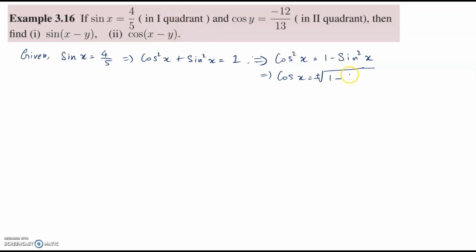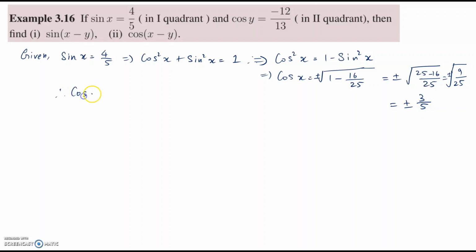So 4 squared is 16 by 25. So this is nothing but plus or minus root of (25 minus 16) divided by 25, which is equal to the square root of plus or minus 9 by 25. So that's equal to plus or minus 3 by 5.